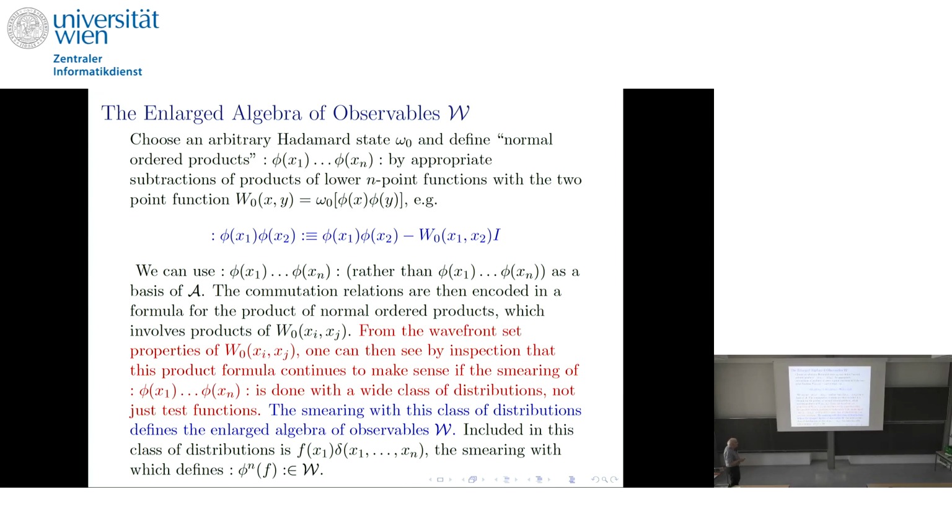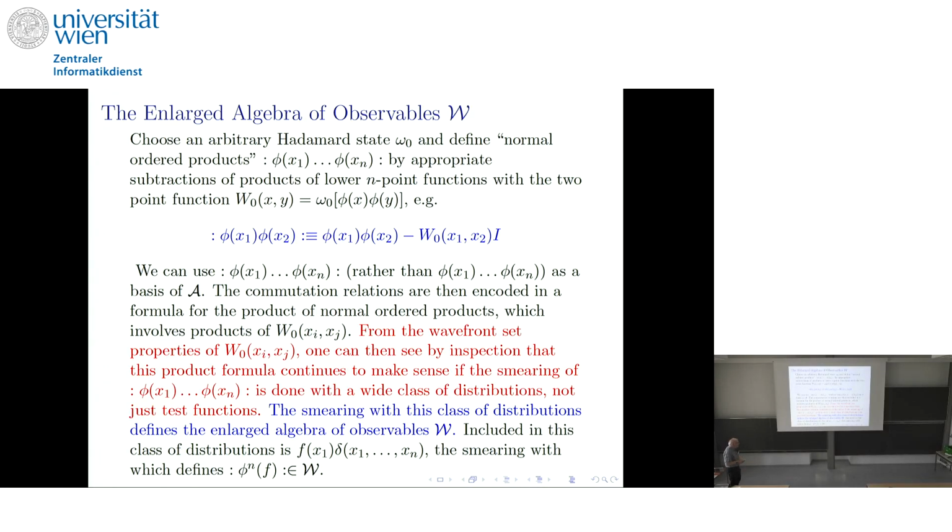And if you look at that product formula, what comes into it will be things involving this Hadamard distribution, but you can see that the product formula will make sense when you smear not just with smooth functions, where it automatically has to make sense, but when you smear with a significantly enlarged algebra of observables.